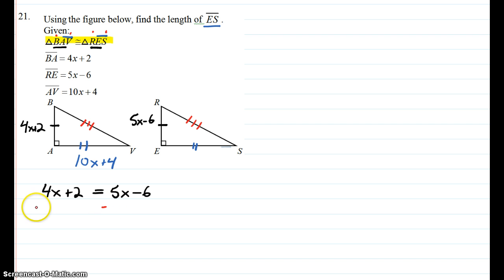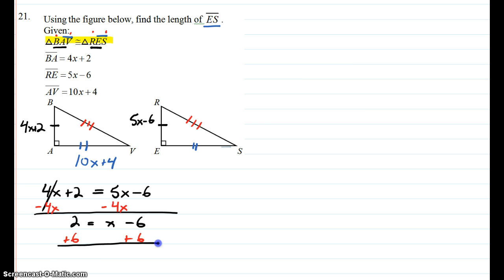Let's minus 4x from both sides. So this goes away and I get 2 equals x minus 6. Move the 6 over, and I get 8 equals x, or x equals 8.